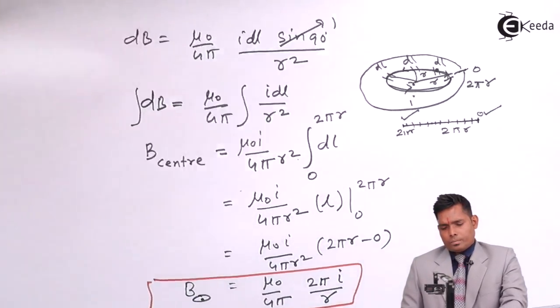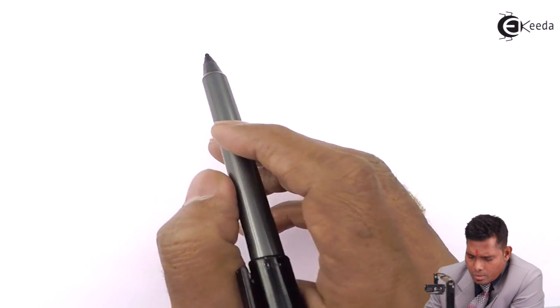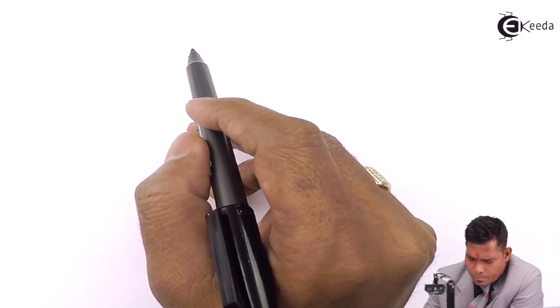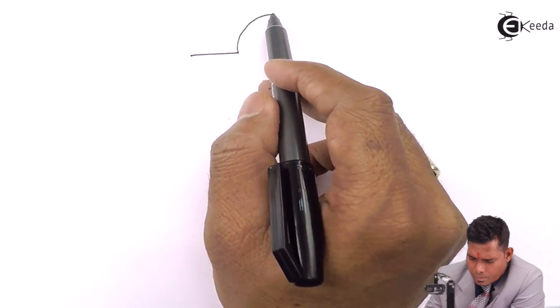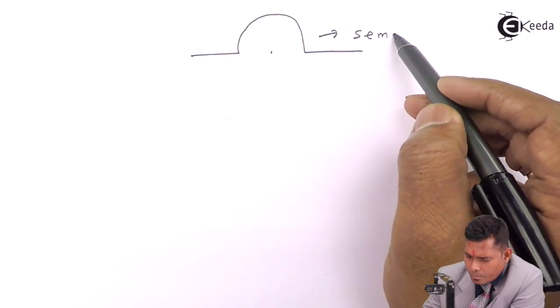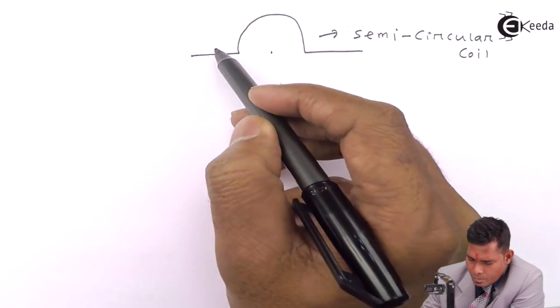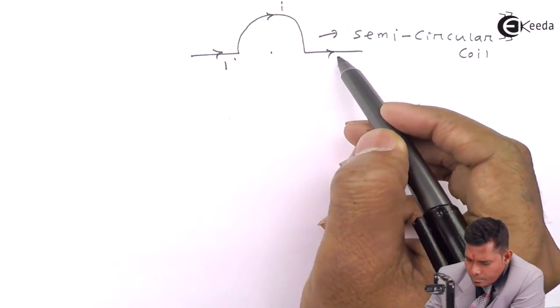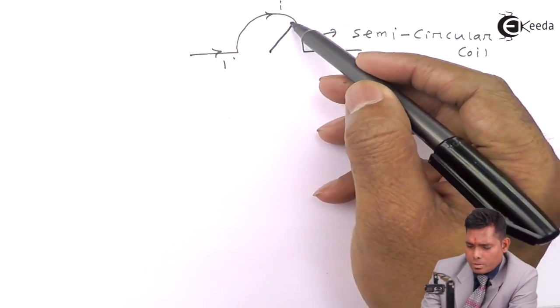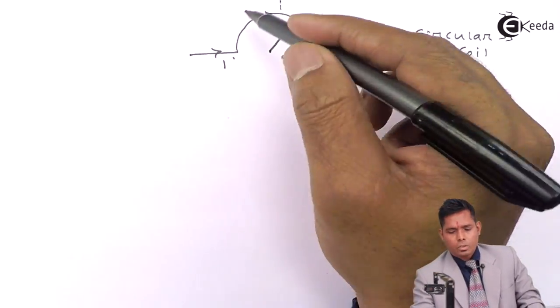Now, if the question is of any section of the coil, a semicircular coil, if I have a coil like this, the semicircular one, so this is the center, suppose this radius is r, but now it is a half circle, not a full circle.